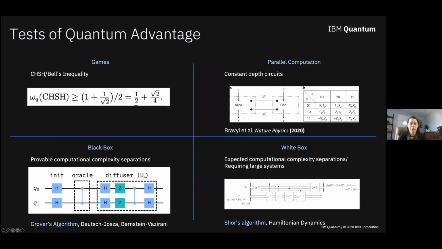So a Bell's test or CHSH test. And more recently, there's been proofs from Bravyi et al. that show that we can have a quantum advantage in a restricted framework.